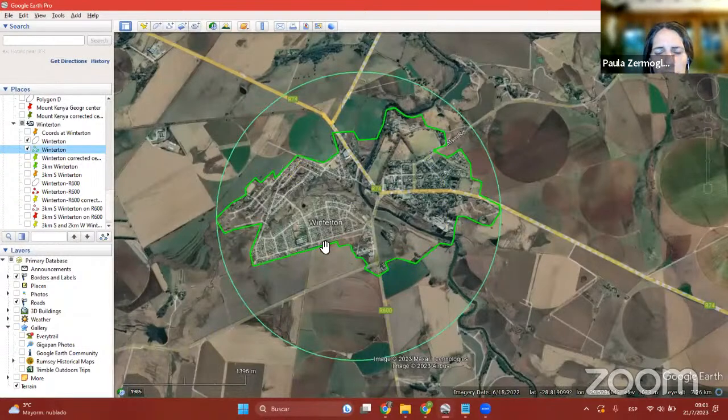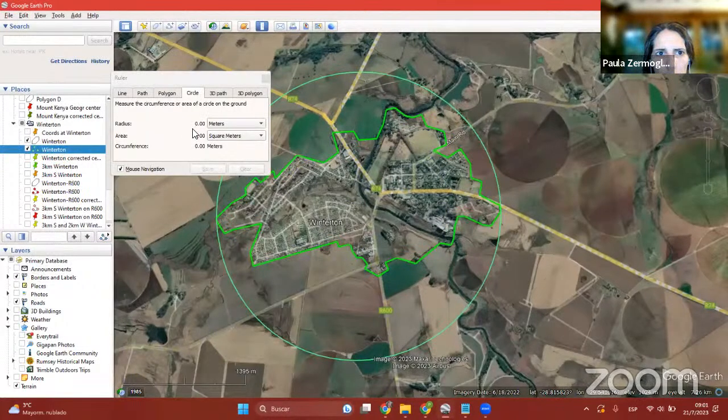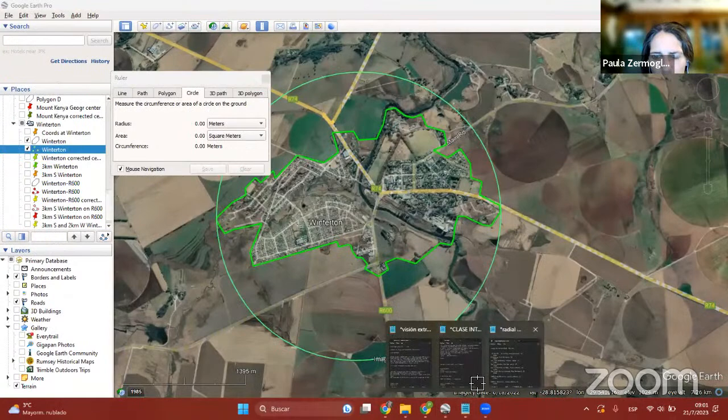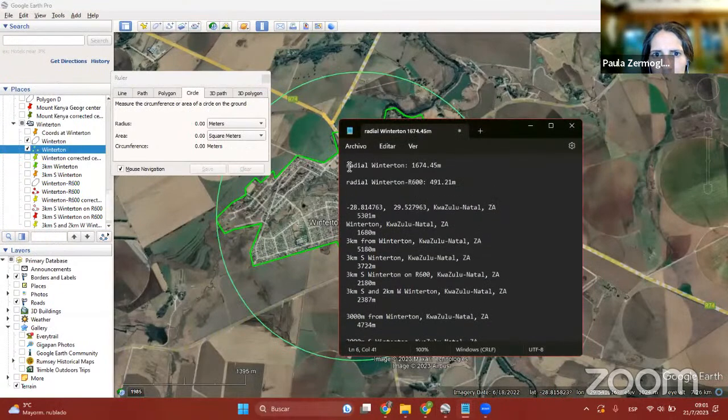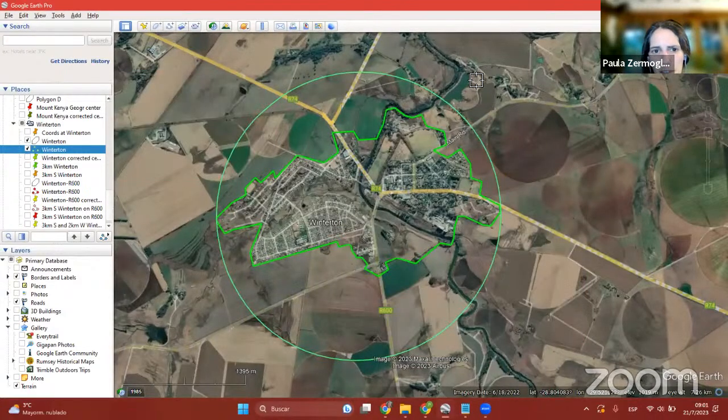So when you draw the circle with the ruler, remember to write down the radius, because when you save the circle, the radius will not be recoverable. So I wrote down my radius for that here on a little piece. I said the radial for Winterton is this amount of meters. So I have my circle.